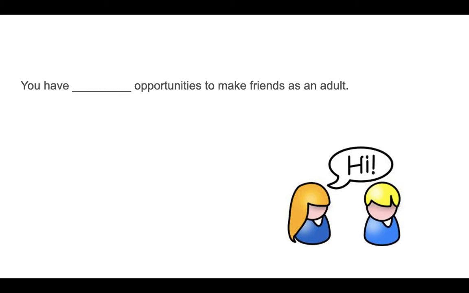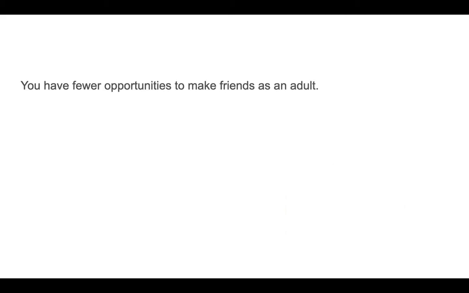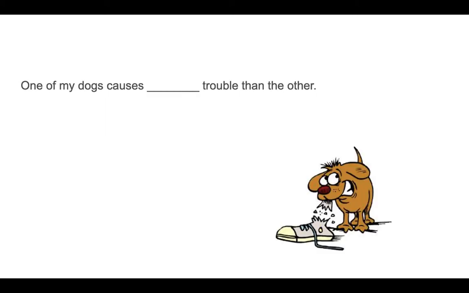Less. I vacuumed, so there is less dog hair in here. Fewer. You have fewer opportunities to make friends as an adult. Less. One of my dogs causes less trouble than the other. Trouble will be non-count. It's an abstract idea.